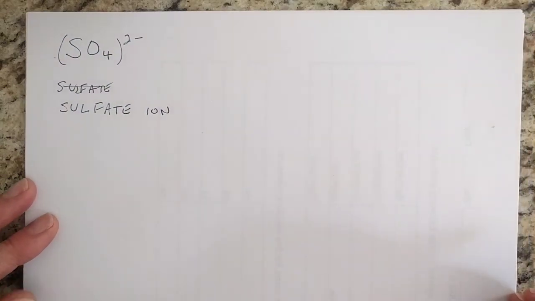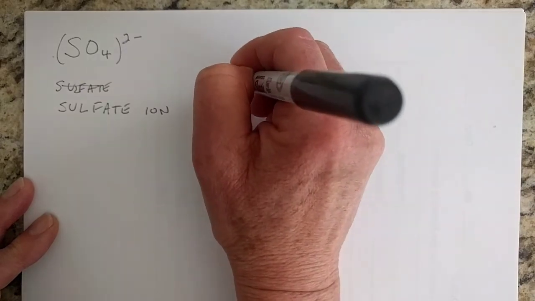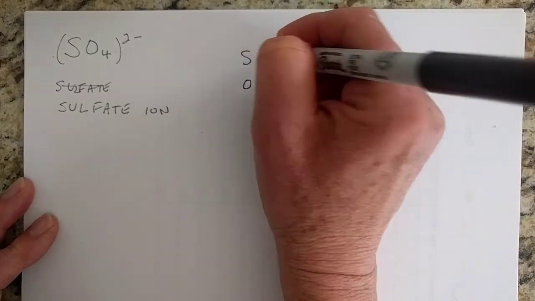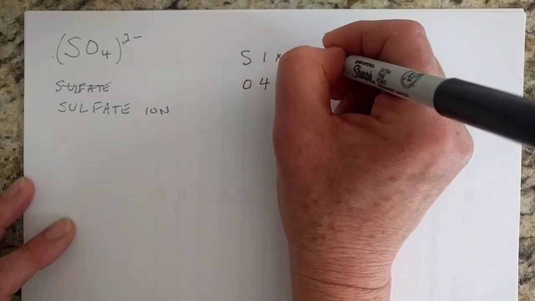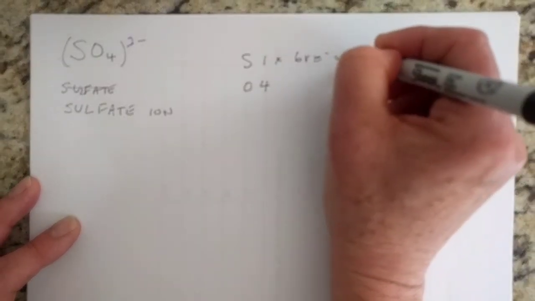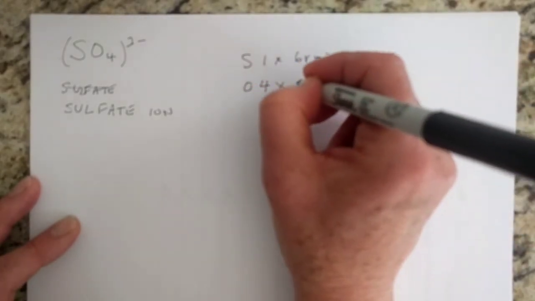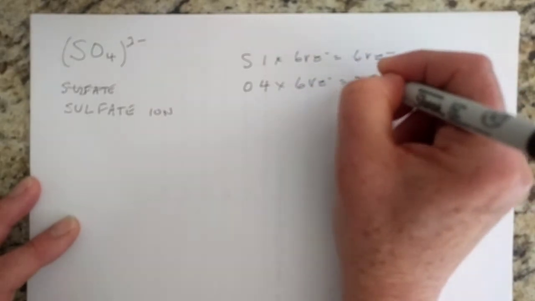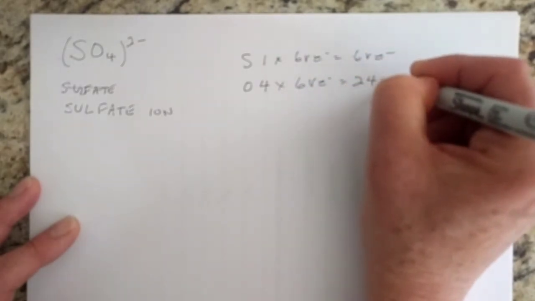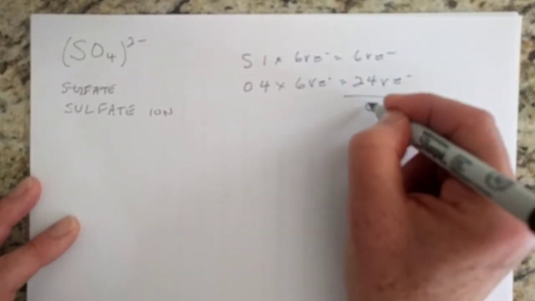Okay, so we're gonna do our valence electron count. So sulfur, we have 1. Oxygen, we have 4. Sulfur in group 16, so 6 valence electrons. And oxygen is also in group 16 with 6 valence electrons. So we have a total of 6 times 4, 24 valence electrons. We add them up. 6 and 4 is 10, carry 1.